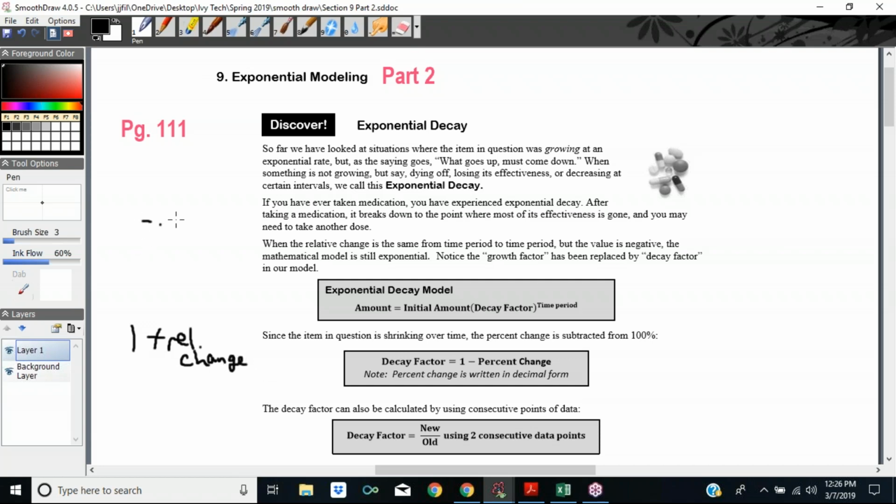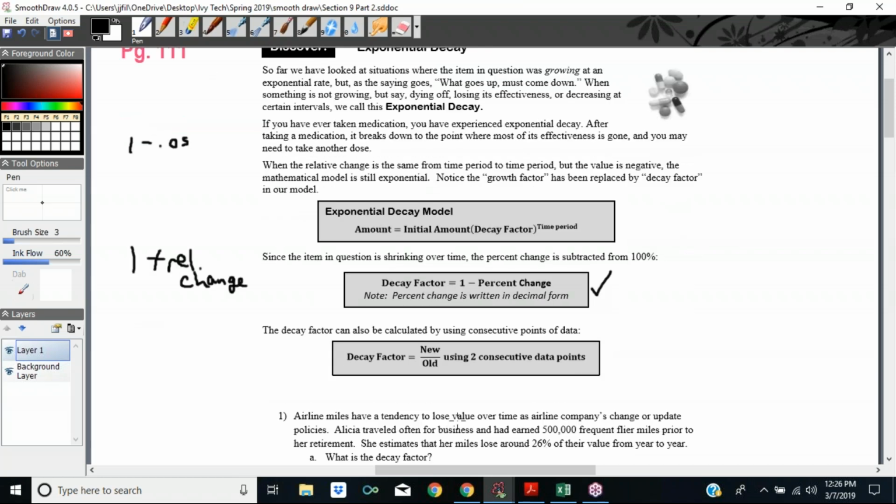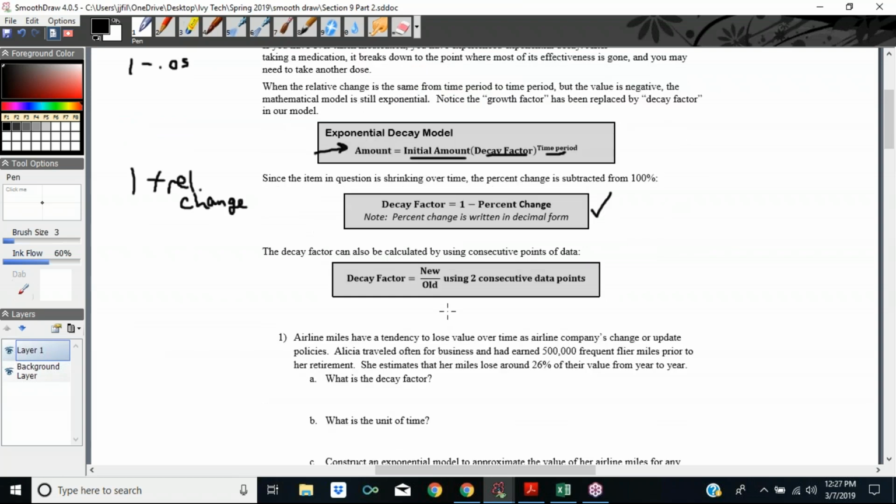So if the relative change is negative 0.05, then 1 plus that is really 1 minus 0.05. Okay, so that's one way we can calculate it. Again, using 2 consecutive data points will also get it for us. The formula is the same: the initial amount, decay factor, time period.